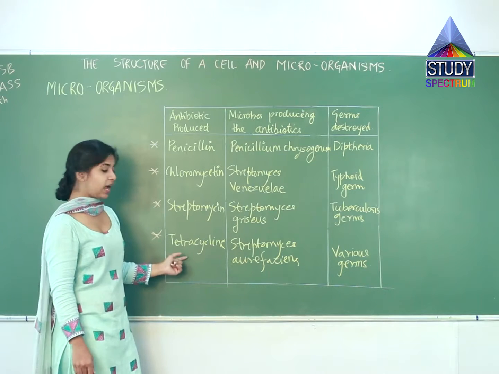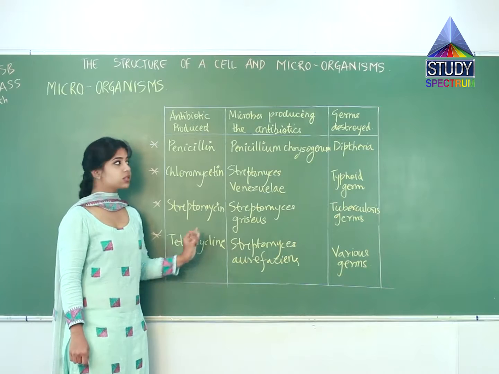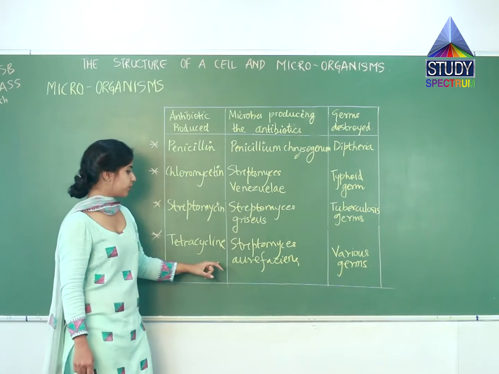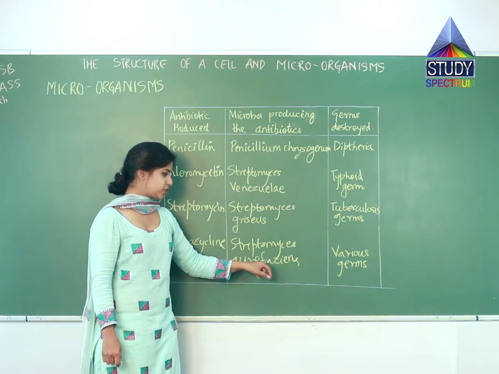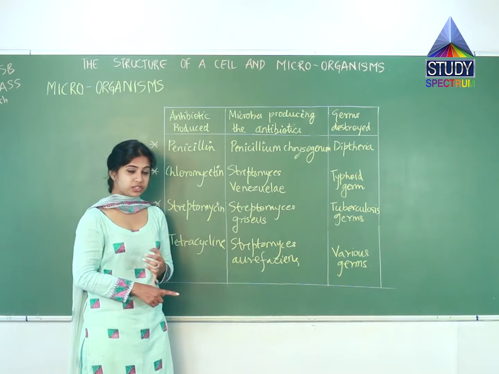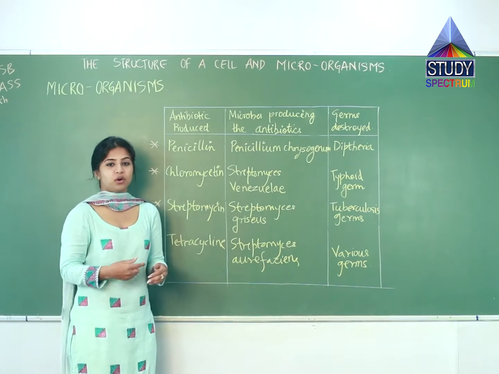So the last one we have is tetracycline. Now tetracycline is a very widely used antibiotic, and it is produced by Streptomyces aurefaciens, and it is useful in treating various kinds of germs.